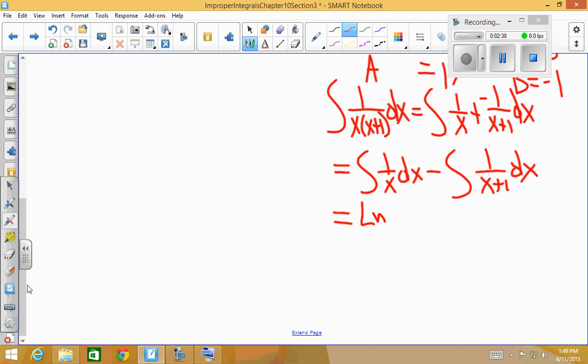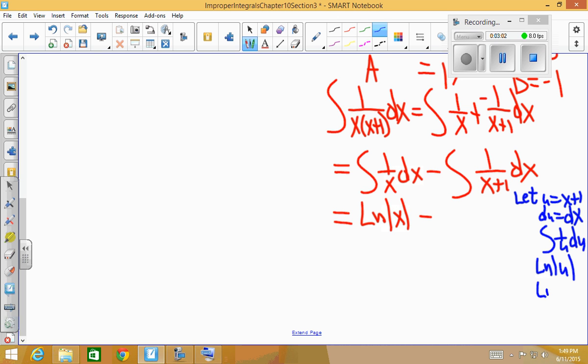This first one, natural log absolute value of x, minus, now over here technically we would have to have ourselves a little substitution, so let u be equal to x plus 1, du would be equal to dx, so we would have the integral 1 over u du, which is natural log absolute value of u, and u is equal to x plus 1.